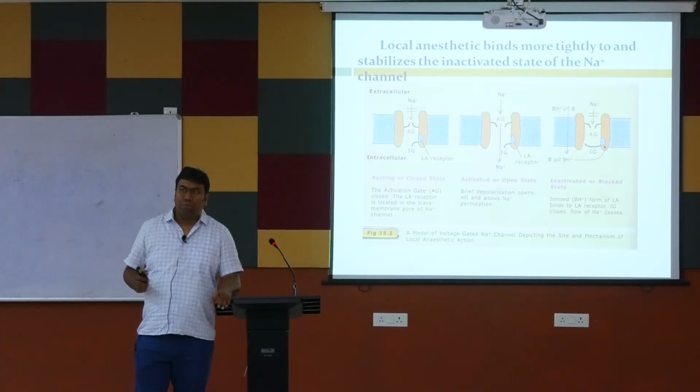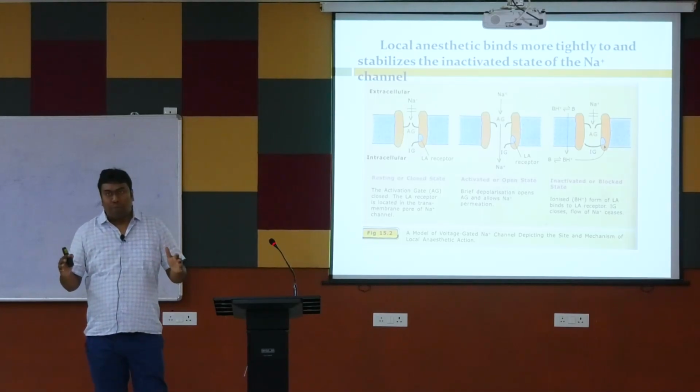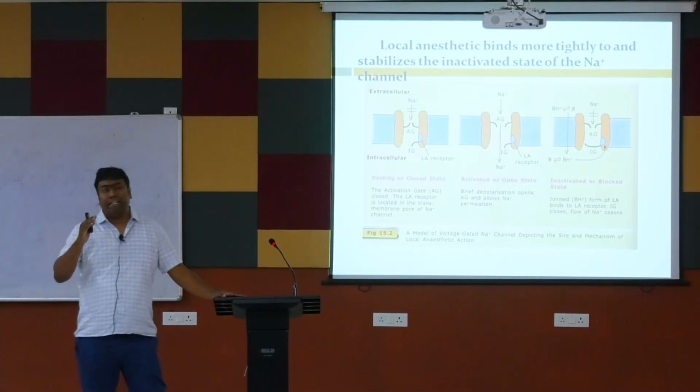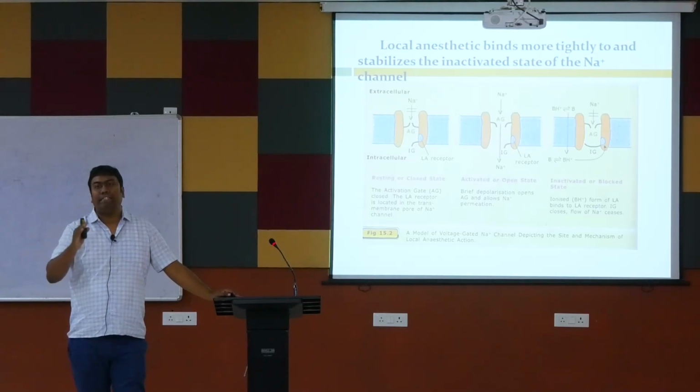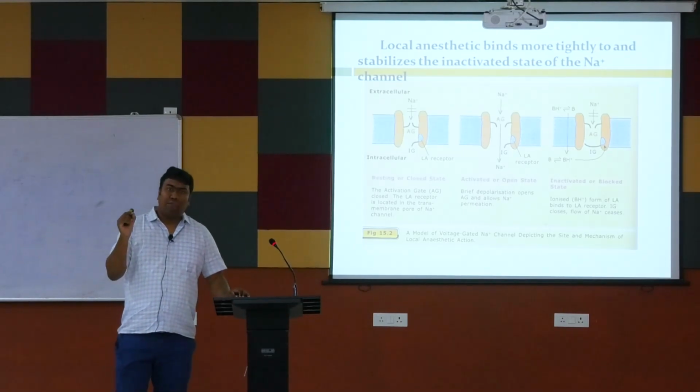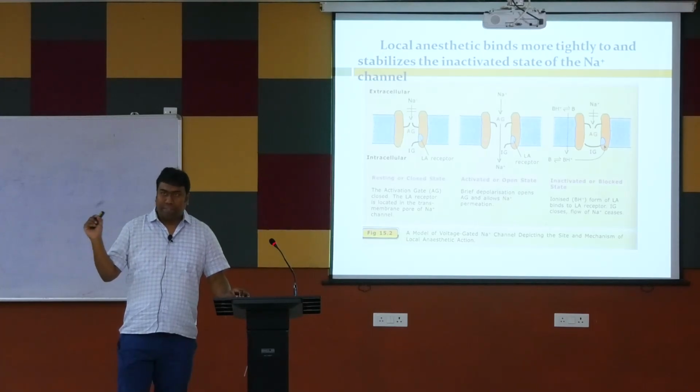Why we use bicarbonate along with local anesthetics. Because it makes the environment so that the unionized form of local anesthetics is much more, and the unionized form easily crosses the membrane and goes into the axonal cytoplasm. After going into the axonal cytoplasm, they act on the voltage gated sodium channel.